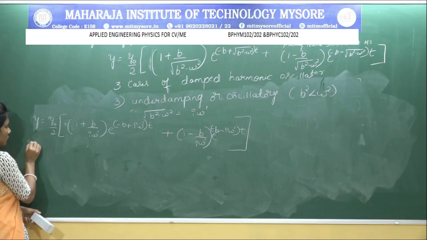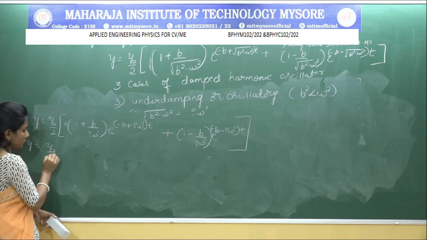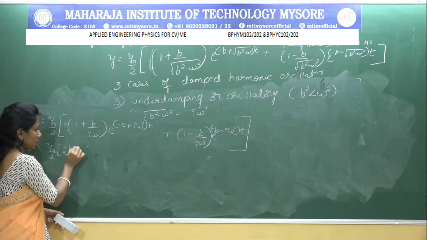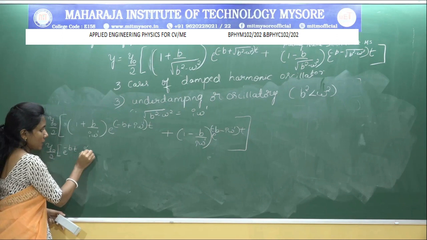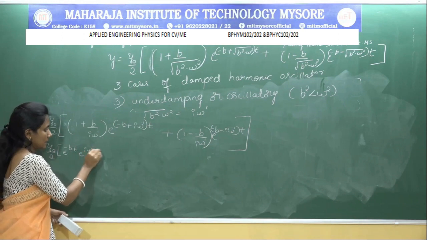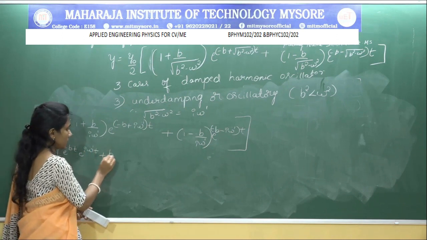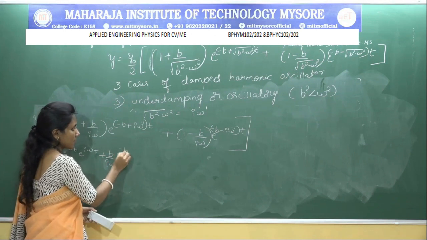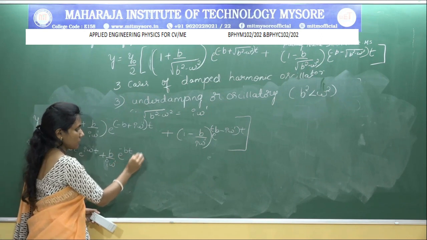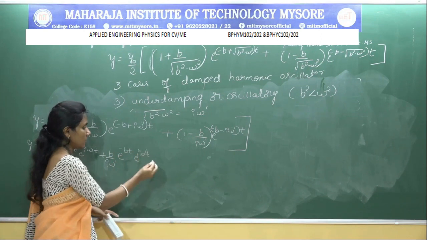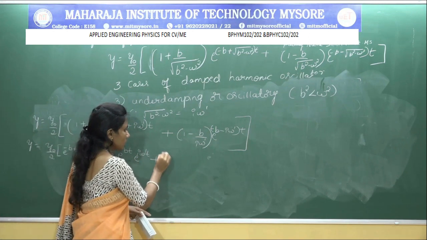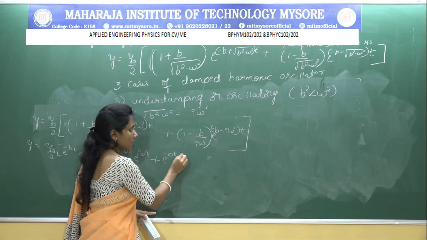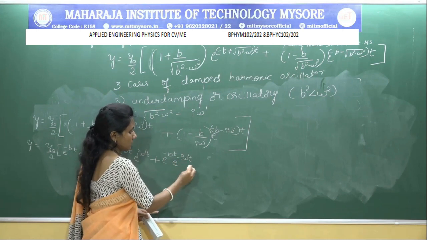So y is equal to y naught by 2 times e to the power of minus bt e to the power of i omega dash t, plus b divided by i omega dash e to the power of minus bt e to the power of i omega dash t, plus e to the power of minus bt e to the power of minus i omega dash t.